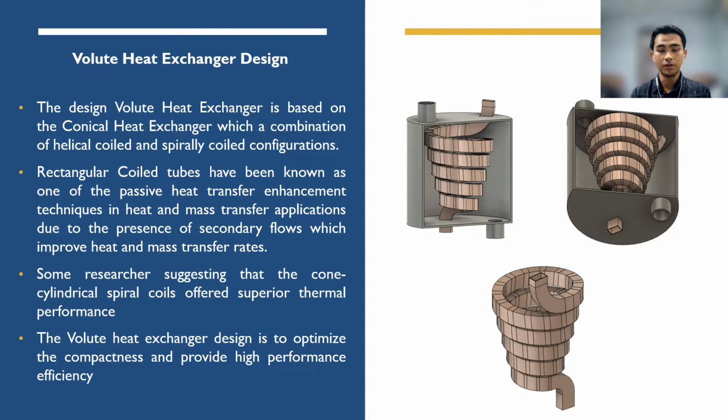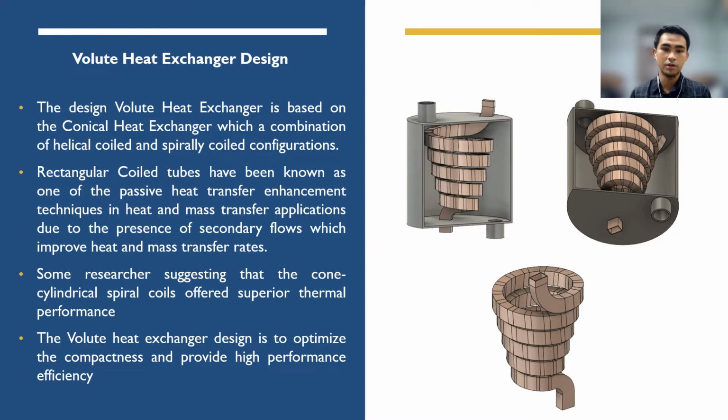For this volute design, I will be using a rectangular coil tube that provides a passive heat transfer enhancement technique in heat and mass transfer applications, because it creates a secondary flow in the coil that improves the heat transfer coefficient.